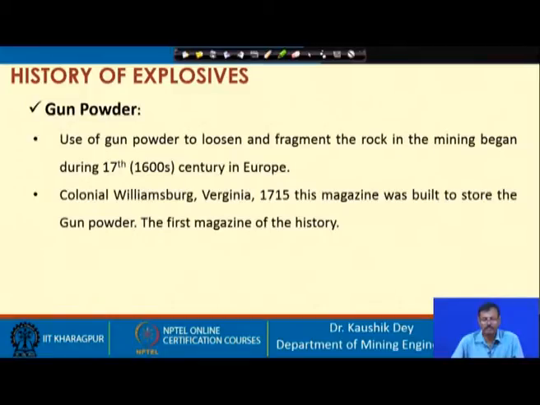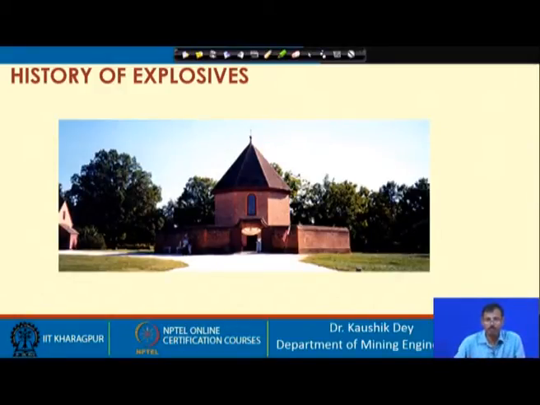Again, remember this magazine was set up for fighting battles, while battles were being carried out between the whites and the blacks in the USA. This magazine was made to store explosives and ammunition in 1715. Now, this is a famous tourist spot and the first magazine of the world.